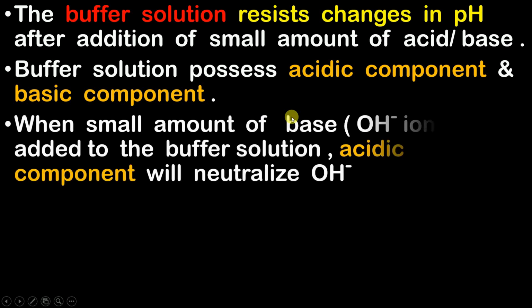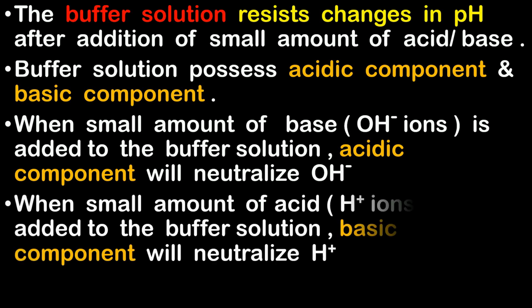The job of the acidic component is this: when you add a small amount of base, in short you are also adding OH minus ions. So when a small amount of base is added to the buffer solution, the acidic component will neutralize the OH minus ions, which means that the acidic component will not allow the OH minus ions to make the buffer solution basic.